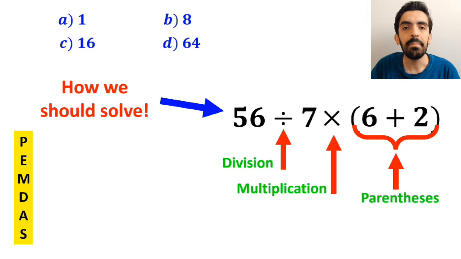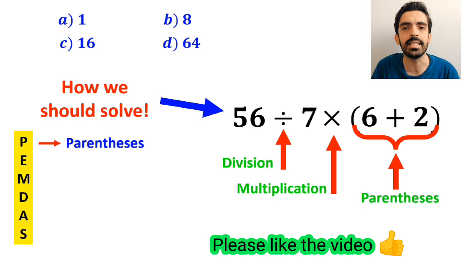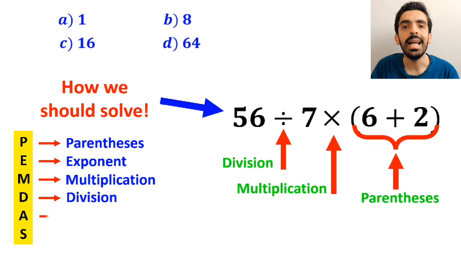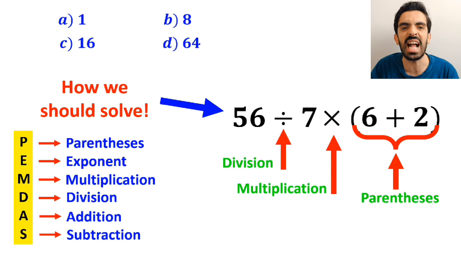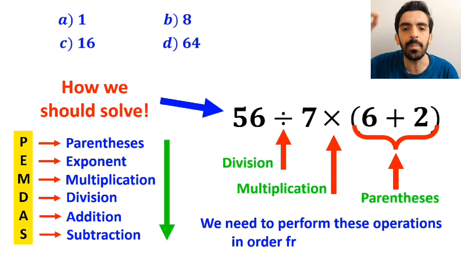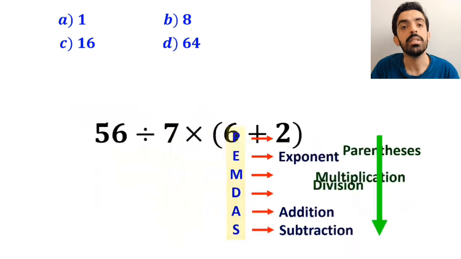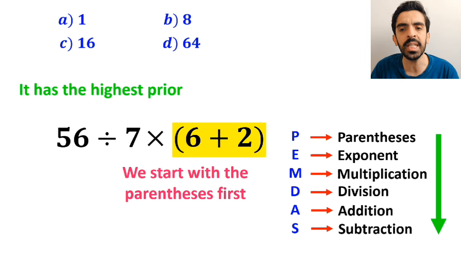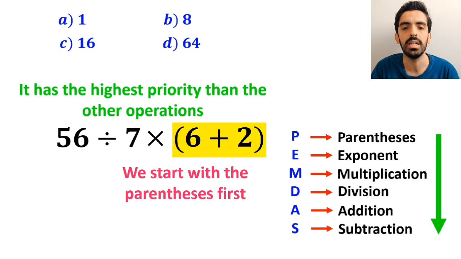In this rule, P stands for parentheses, E stands for exponent, M stands for multiplication, D stands for division, A stands for addition, and S stands for subtraction. We need to perform these operations in order from top to bottom. So, we'll start with the parentheses first because it has higher priority than the other operations.